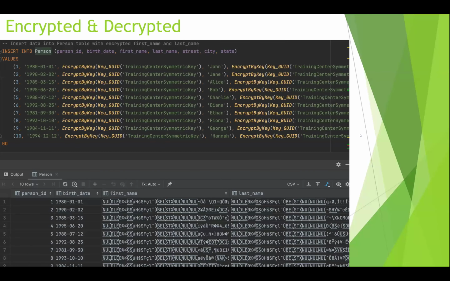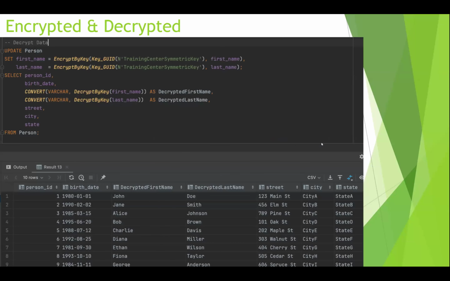Thank you. For the next part, let me introduce the encryption and decryption of our database. Since we do not design a login system, we implement this feature in our person table. As you can see here, we encrypt our person's first name and last name. When we insert data, it will automatically encrypt it and show random characters in our database.